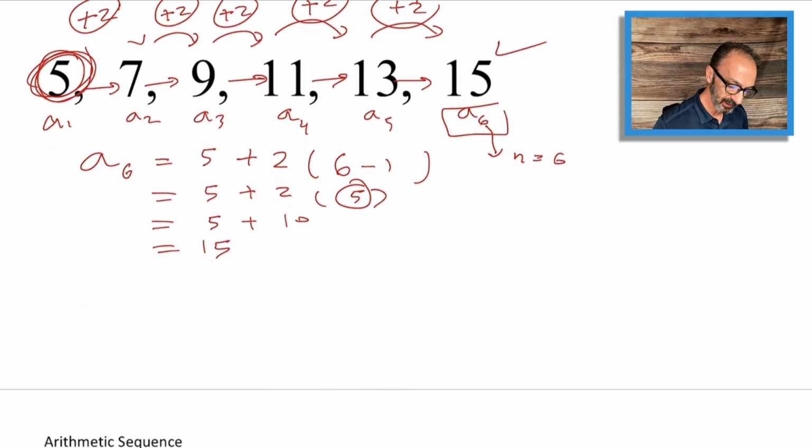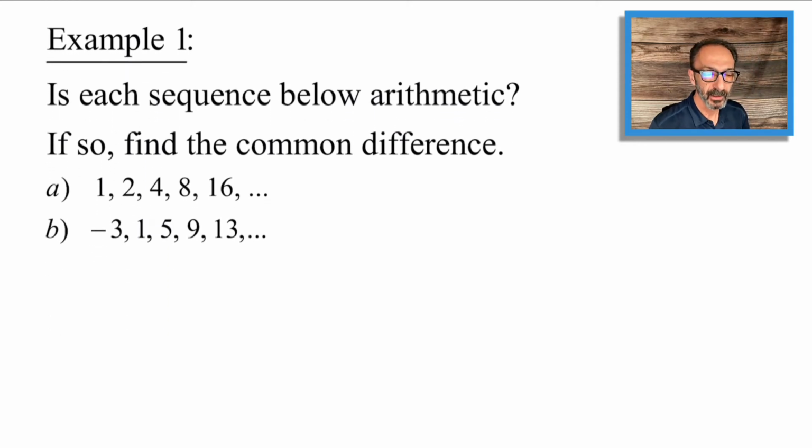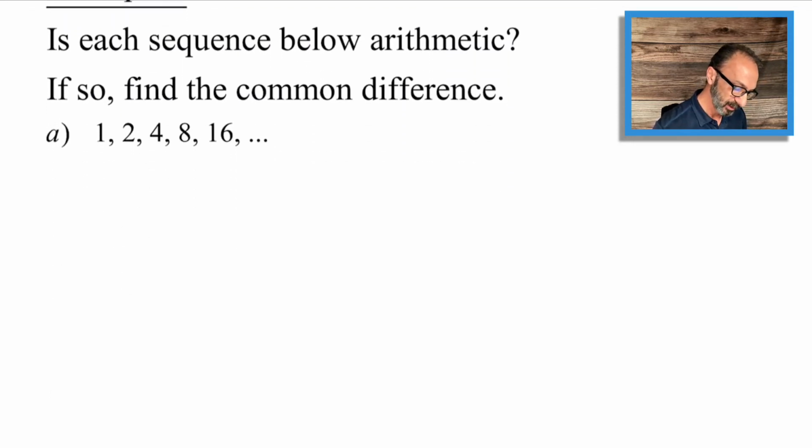Okay, let's move on. I have 4 examples. Here's number 1. Is each sequence below arithmetic? If so, find the common difference. Going from 1 to 2, we are adding 1.